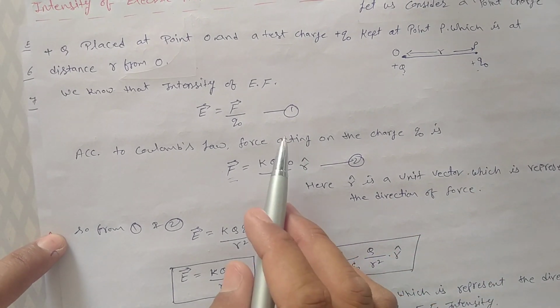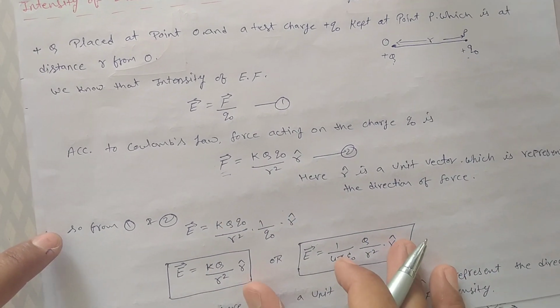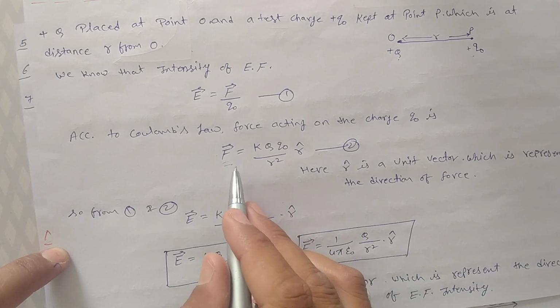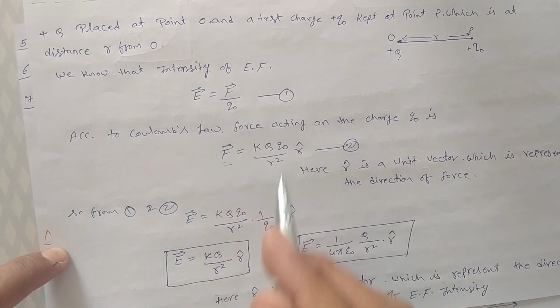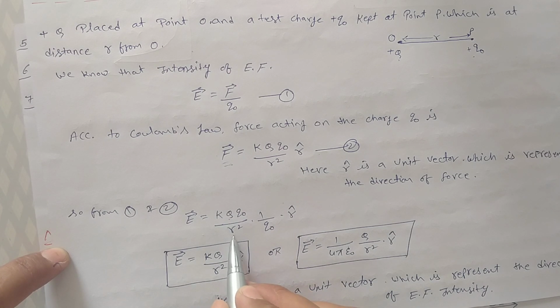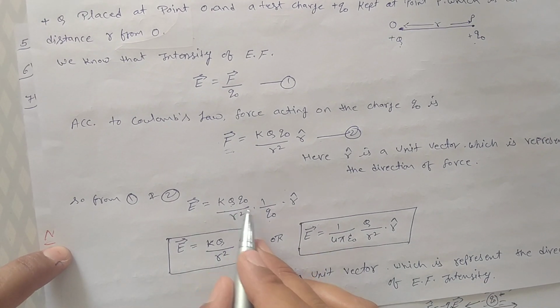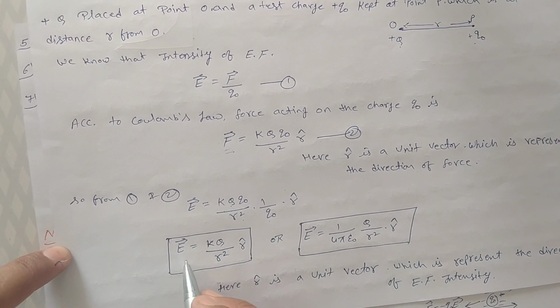So from equations 1 and 2, E vector is equal to, putting the value of force in equation 1, K Q naught upon R square, multiplied by 1 upon Q naught into R cap. Q naught cancels out, then E vector is equal to KQ upon R square R cap.